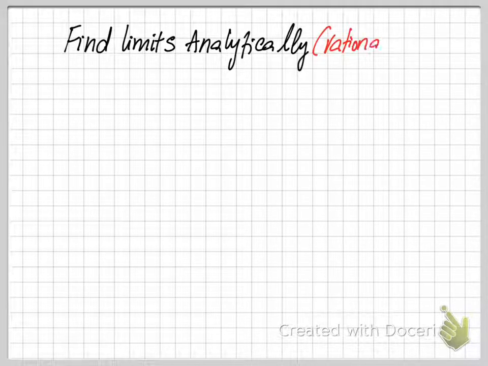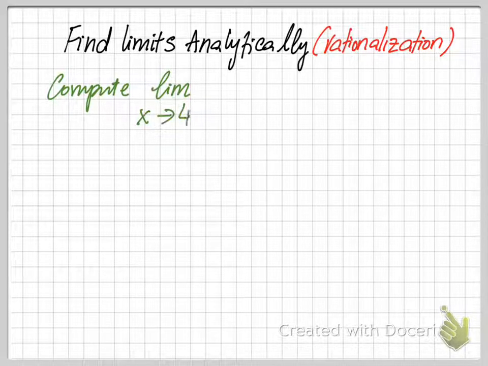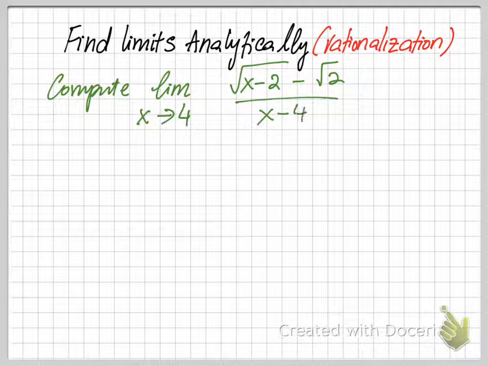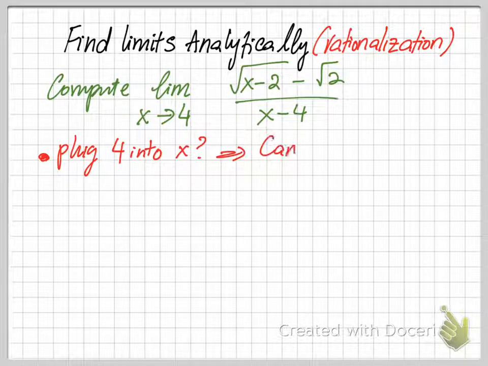And the second technique of the analytic method is rationalization. Rationalization is where you use the conjugate of radical terms. For example, if you consider finding the limit of this function, you look at it and you have radical terms, and also you cannot plug 4 into x to find the limit because it's going to be undefined.